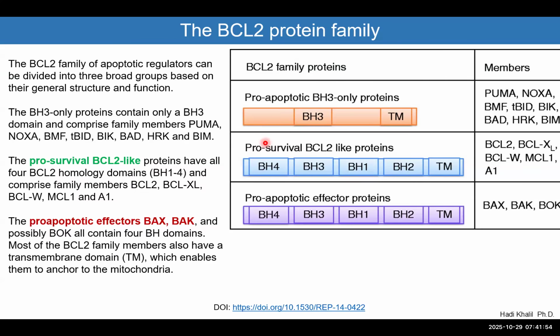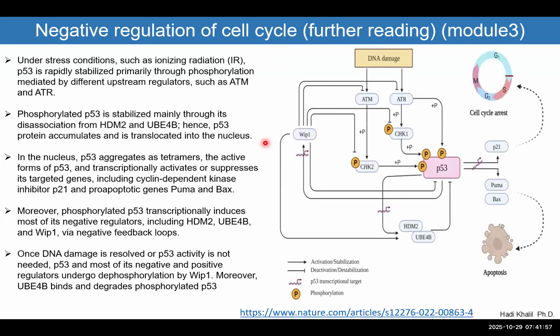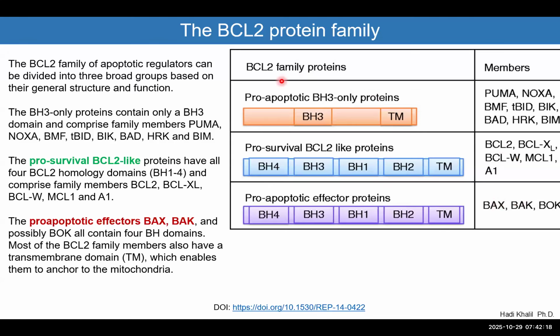And that's exactly what happened in the scenario that I just described for you here, because whatever signal caused the damage and induced P53 stabilization, it caused more PUMA and BAX generation. And therefore now you are producing more of that group, which will not necessarily have counterparts to sequester in terms of the pro-survival BCL2 proteins.